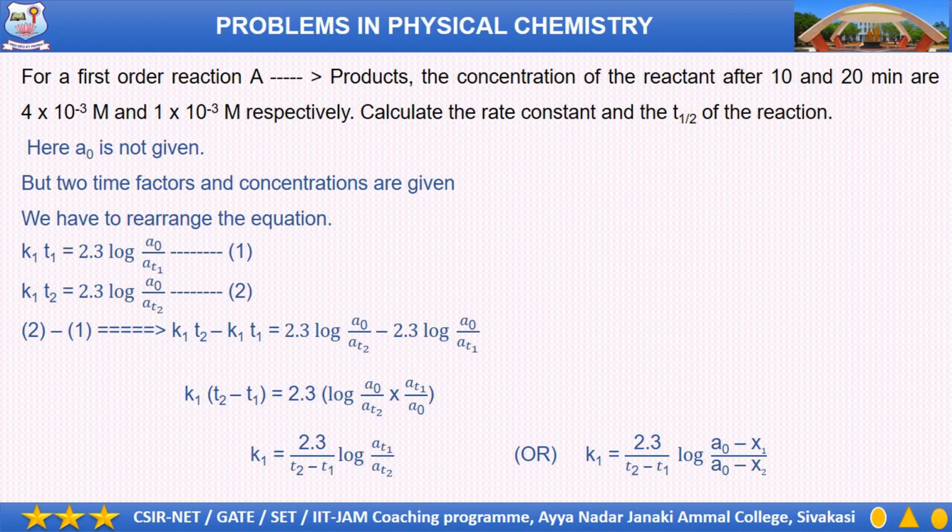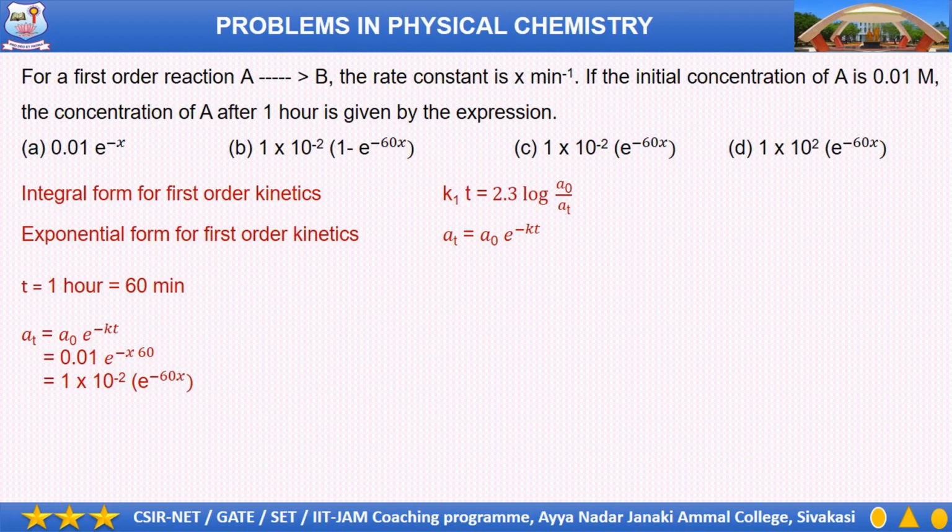Shall we go to the next type of problem? For a first order reaction, A giving B, the rate constant is X per minute.